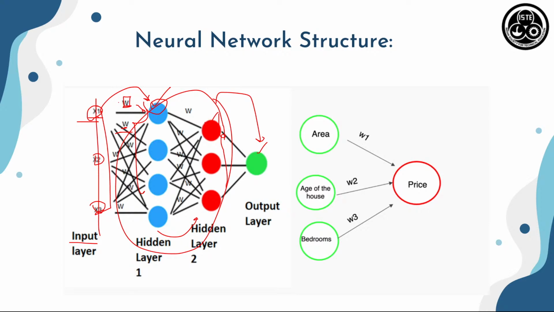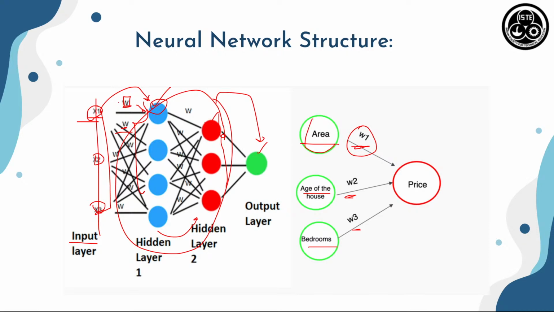So let's consider our real estate seller example. We have the area here, the age of the house here, and the bedrooms here, and we have W1, W2, and W3. W1 will determine the weight of this area, like how much preference is to be given to this area.